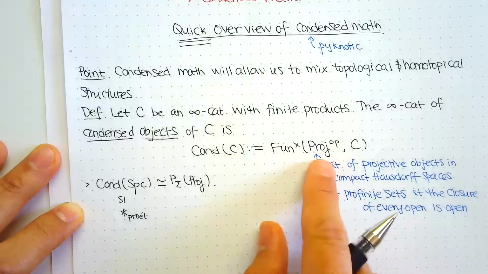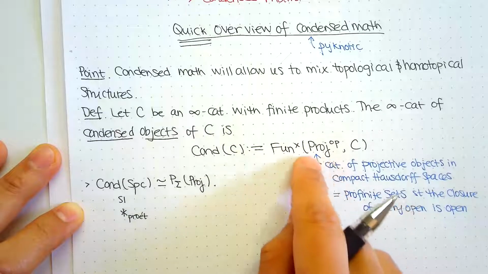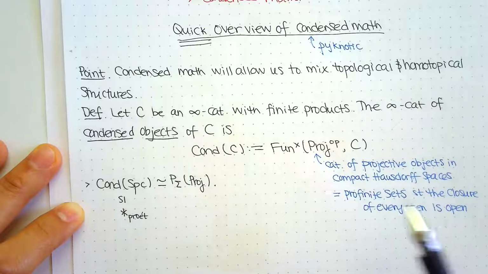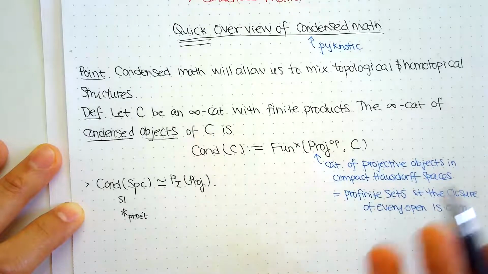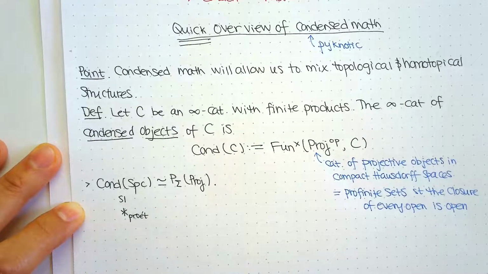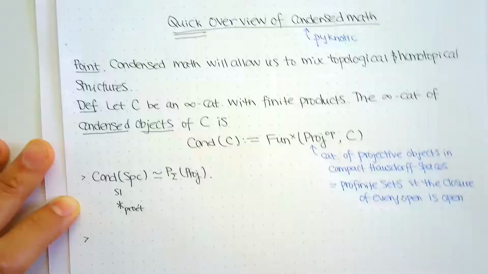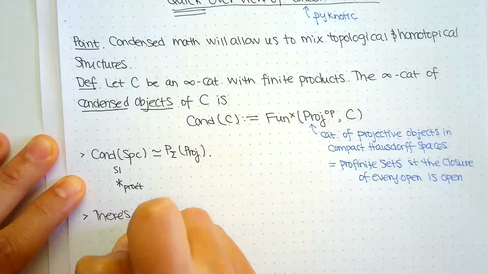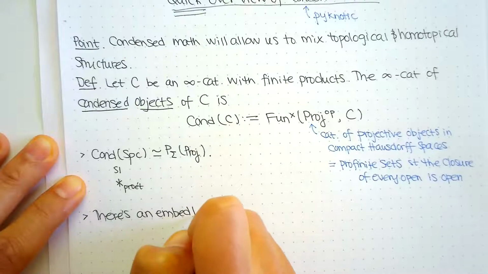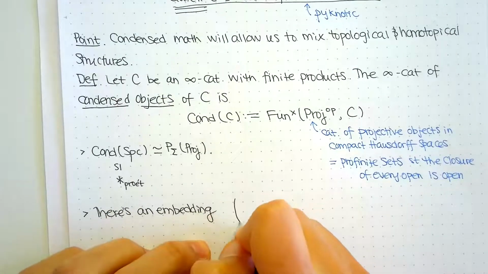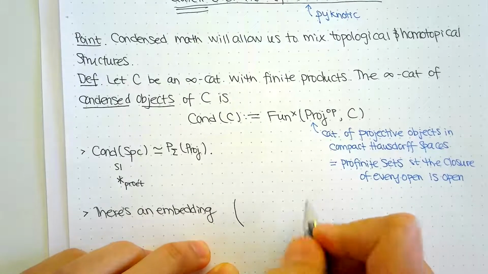One thing to say is that there's some set theory that you have to deal with to make this precise. This is a really enormous category, so you have to either take small enough sheaves or work with universes, but that's not going to be important for how to think about it. The other thing to mention is that essentially most topological spaces you could ever care about embed into here.